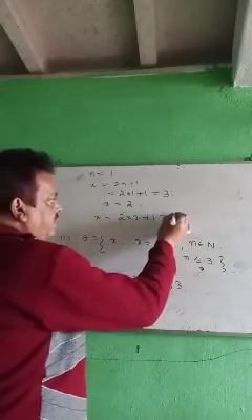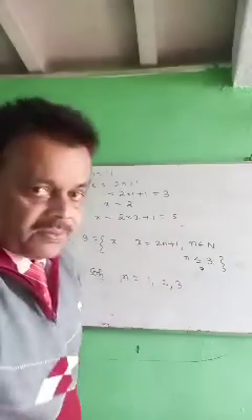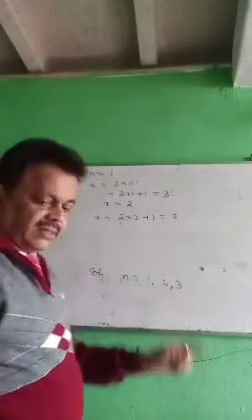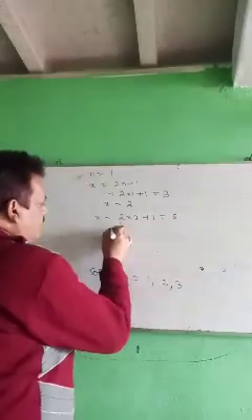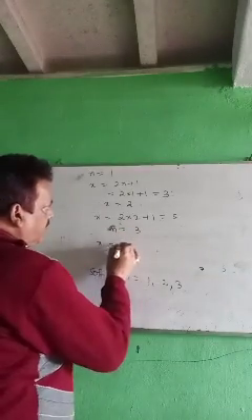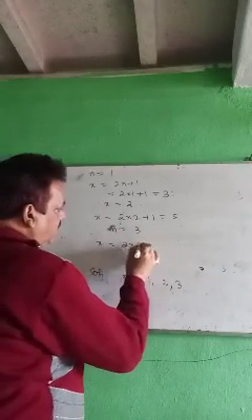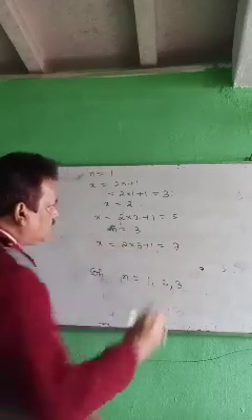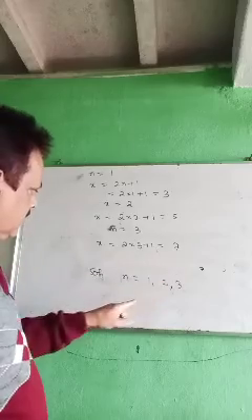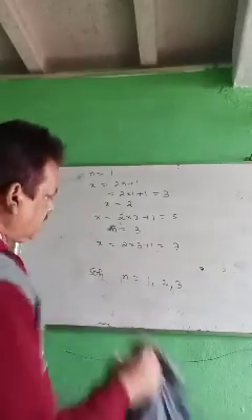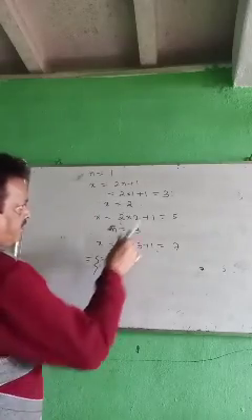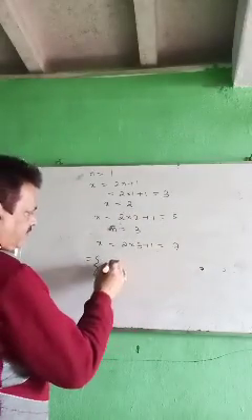How much? 5. Then put n equals 3. x will be 2 into 3 plus 1, that is 7. So which values of x did you get? You got 3, 5, 7, because you need to collect x. So the answer for us is 3, 5, 7.